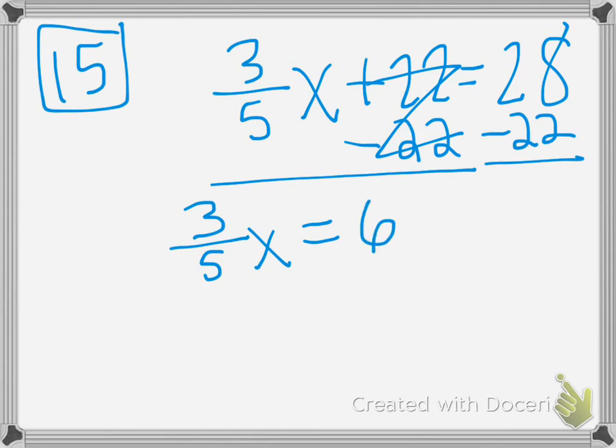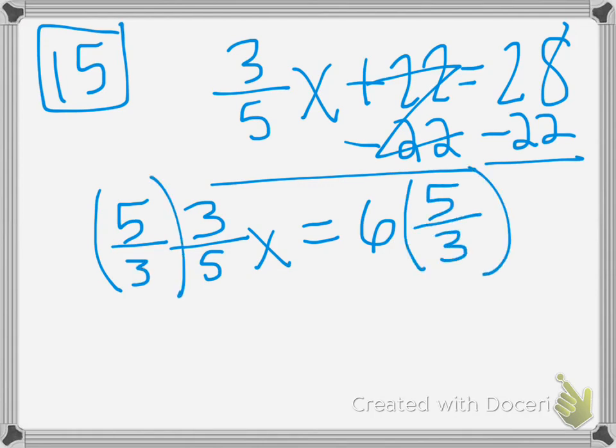Now remember, to get rid of a fraction, multiply by the reciprocal. On the left, they cancel. I'm left with x. Remember, 6 times 5 is 30. 30 divided by 3 gives me 10. So x equals 10.